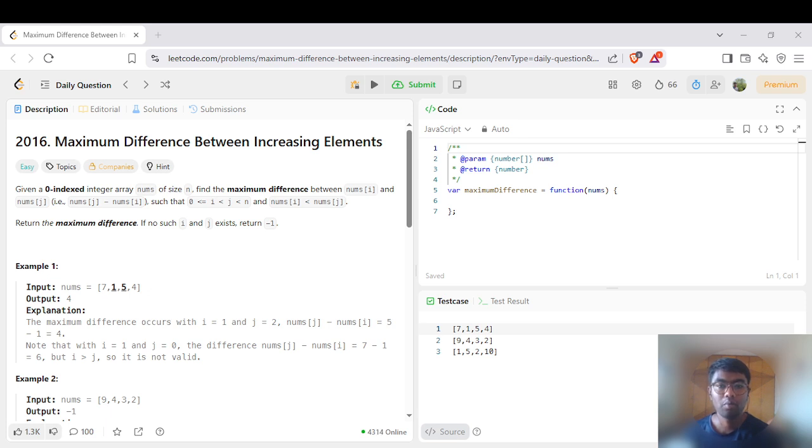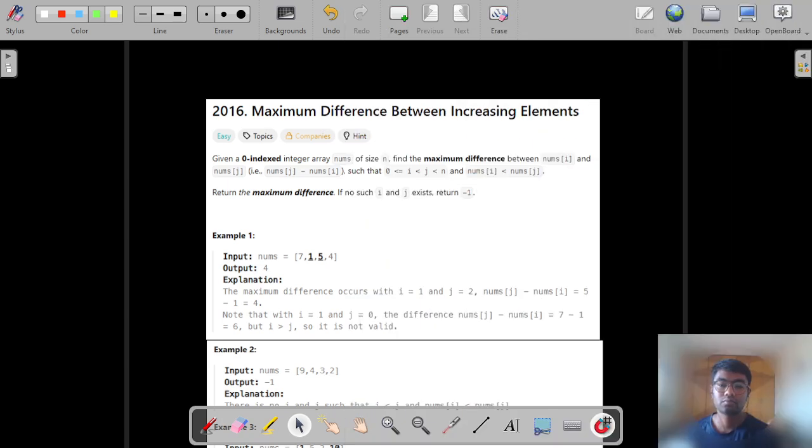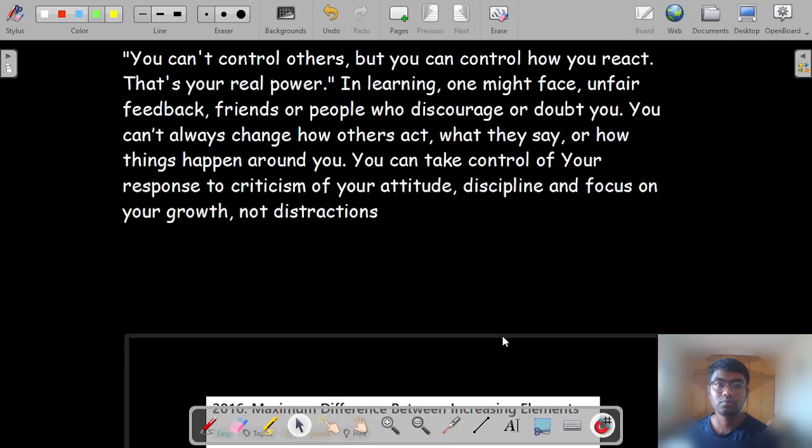Before starting this problem, let us look at a motivational quote for today. You cannot control others, but you can control how you react. That's your real power. Even in learning, one might face unfair feedback from friends, people who discourage or doubt you.